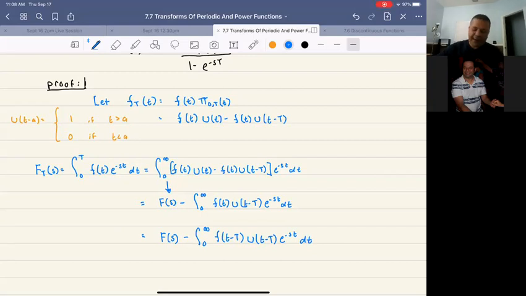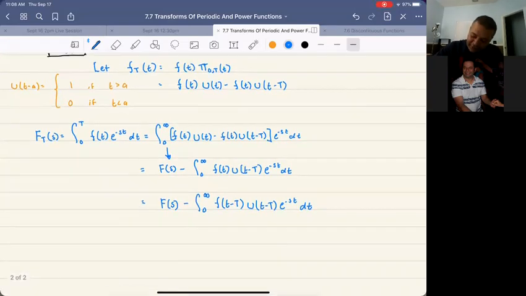Now this I can look up in my table of integrals. This is of course f of s. This is e to the negative sT times f of s.